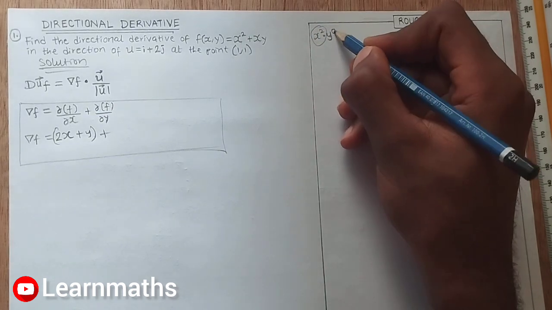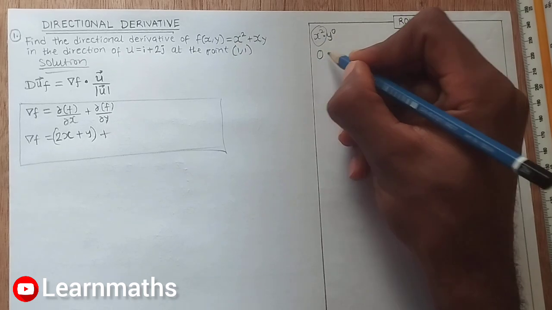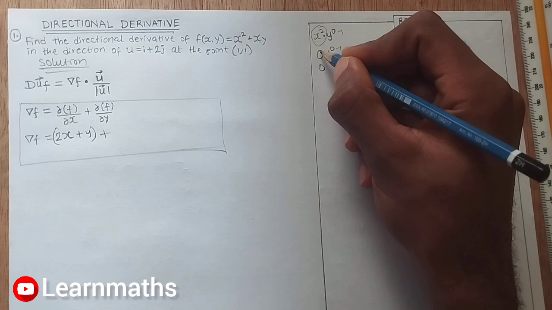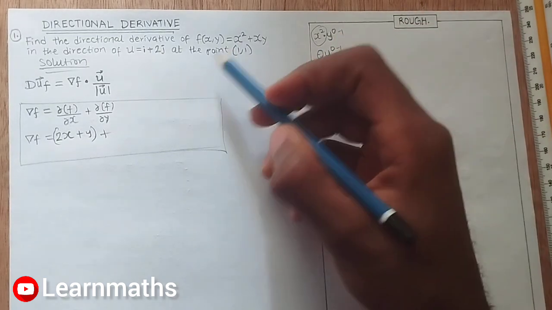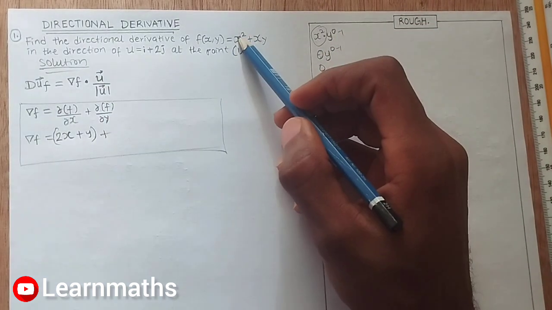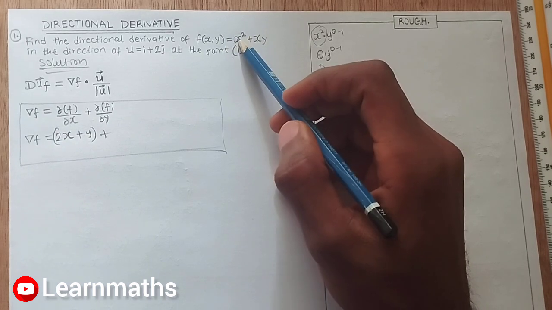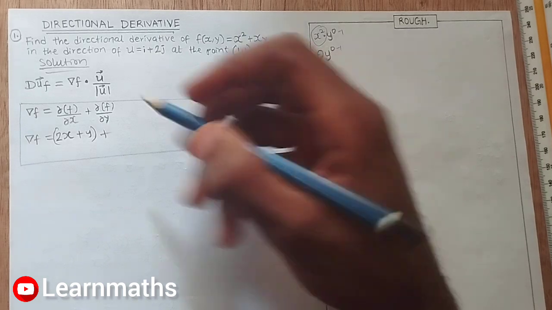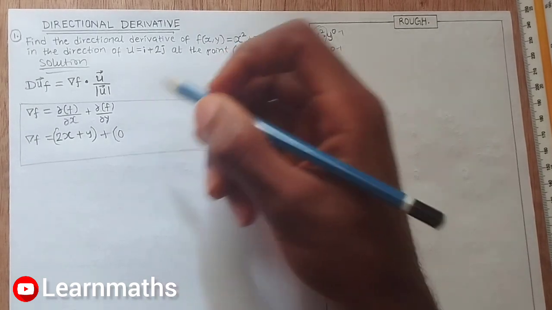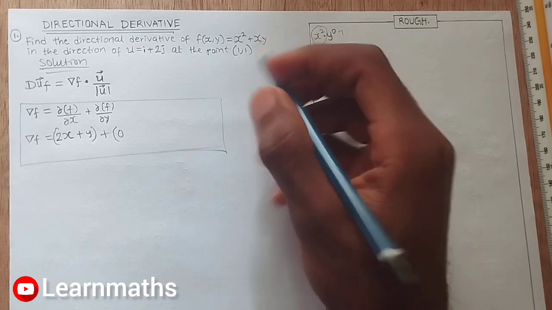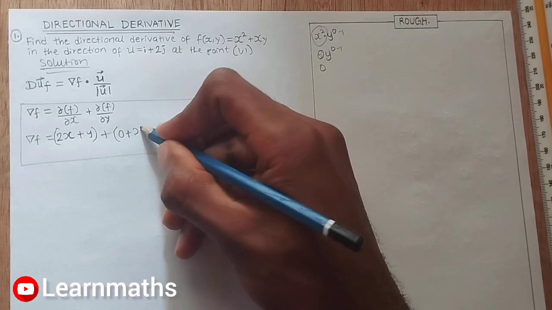You multiply the power of y with the constant, it becomes 0, and then you reduce the power of y by 1, which still gives us 0. So differentiating the first term with respect to y gives 0. Then differentiating the next term with respect to y gives us x.